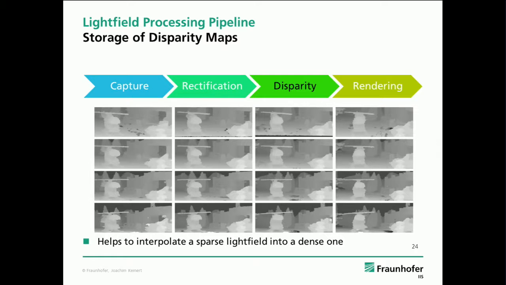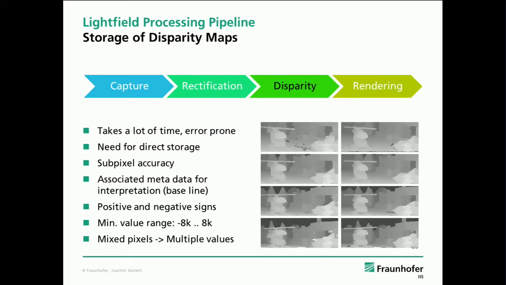That means we use this depth information to interpolate in between the different views and calculate this dense light field out of it. In our case, we use this to make a depth image-based rendering. The depth image-based rendering by itself is not very difficult. It can be done in real time, but what is very difficult is to get really exact depth maps.